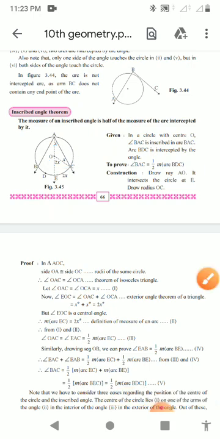So these two constructions are necessary: a ray passing through center O intersecting the circle at point E, and the radius OC.